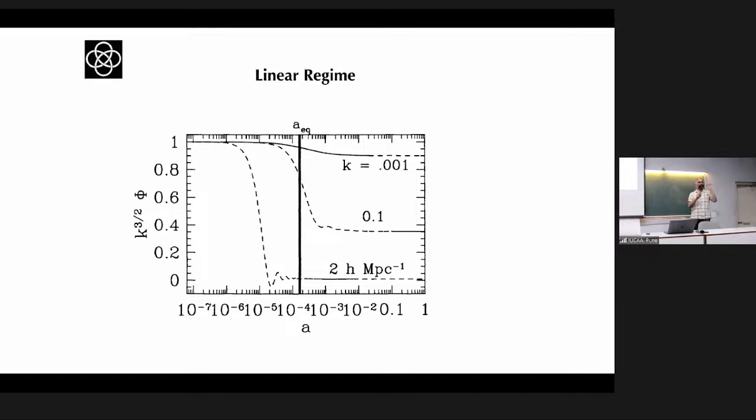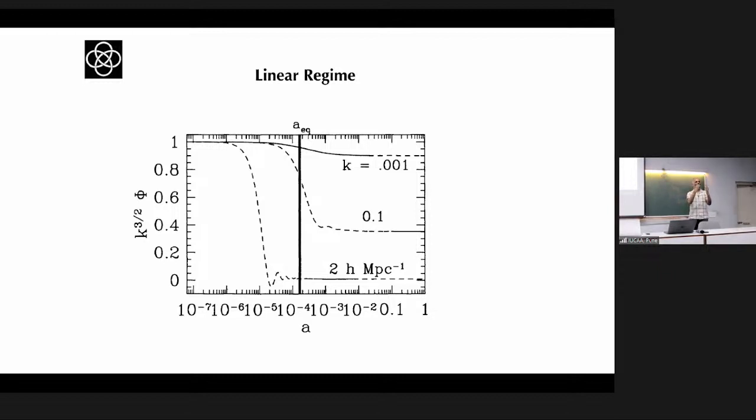Because the universe is dominated by radiation, the gravitational potential will mostly respond to the fluctuations in the radiation field. Because the relativistic Poisson equation is Laplacian phi plus some derivatives of phi equal to what? All the density fluctuations that are there. The density fluctuations are mean density times density contrast.